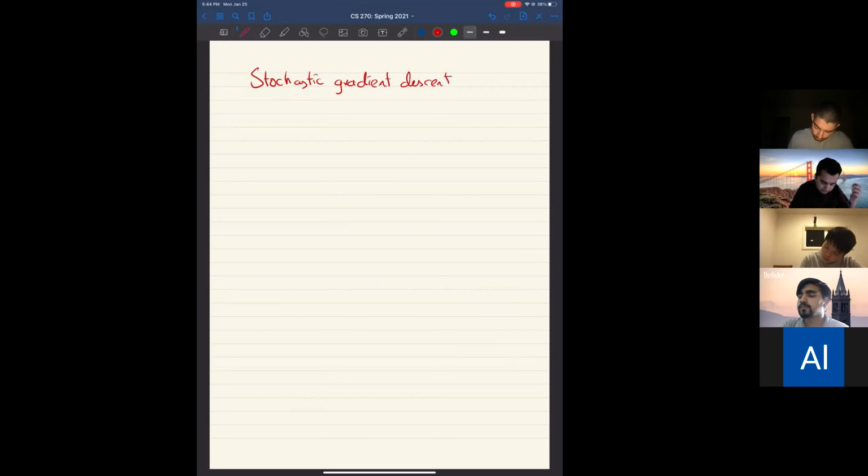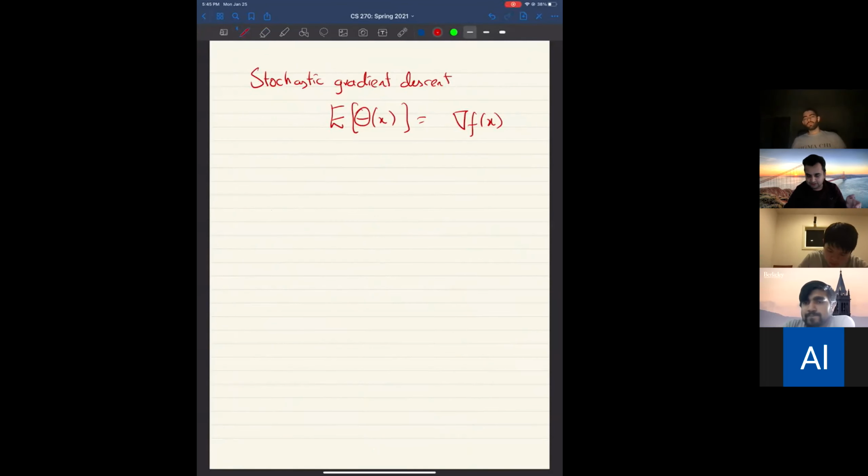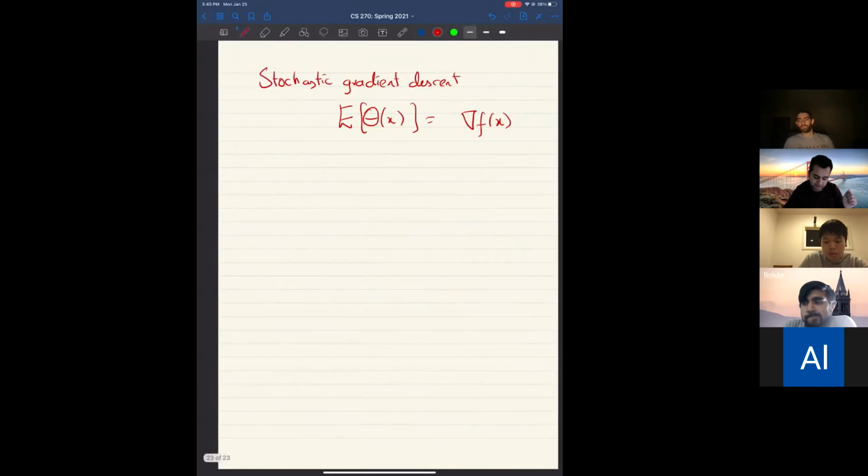Let me call it theta of x, such that the average value of that estimator is the gradient of f. This is nice because you can basically pretend that theta is a gradient, and you can just run the gradient descent algorithm.